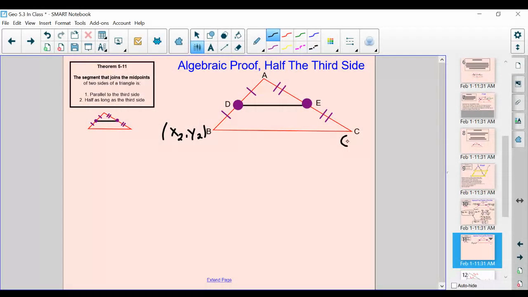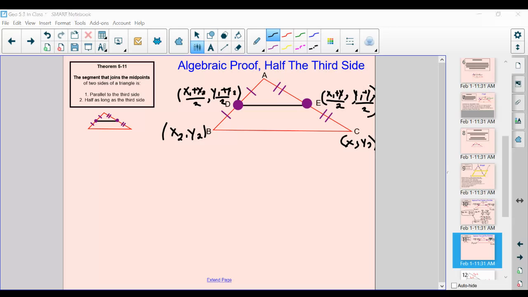C was x sub 3, y sub 3. Therefore, D was (x sub 1 plus x sub 2) over 2, (y1 plus y2) over 2. Likewise, E was (x1 plus x sub 3) over 2, comma, (y1 plus y3) over 2.